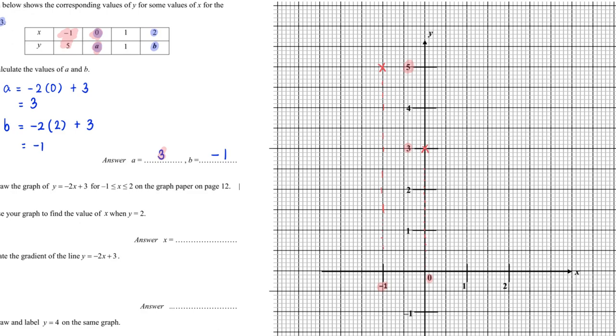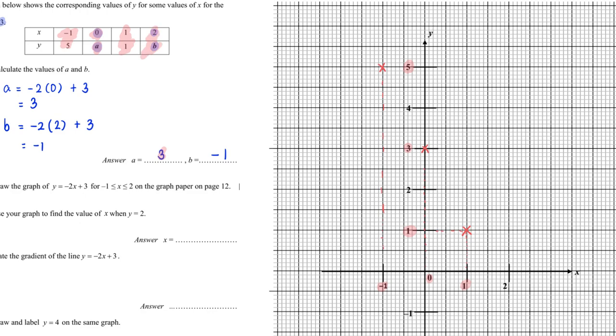This will be my second point. My next point will be x equals to 1 when y equals to 1. So I will have to go up until I reach the point where my y is indeed 1. So this point here will be 1, 1.